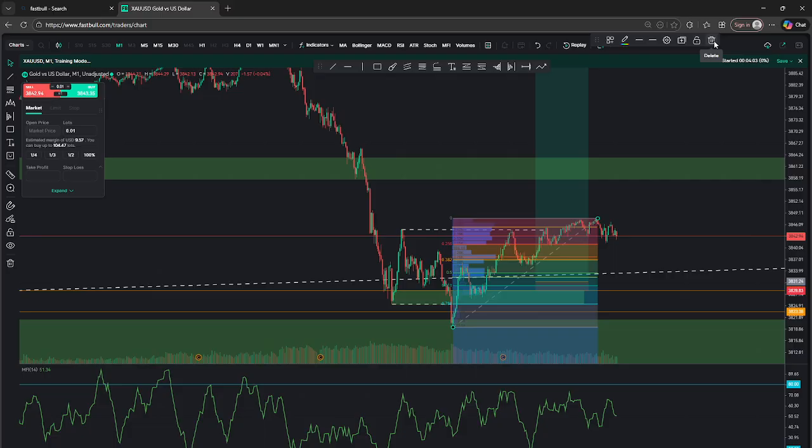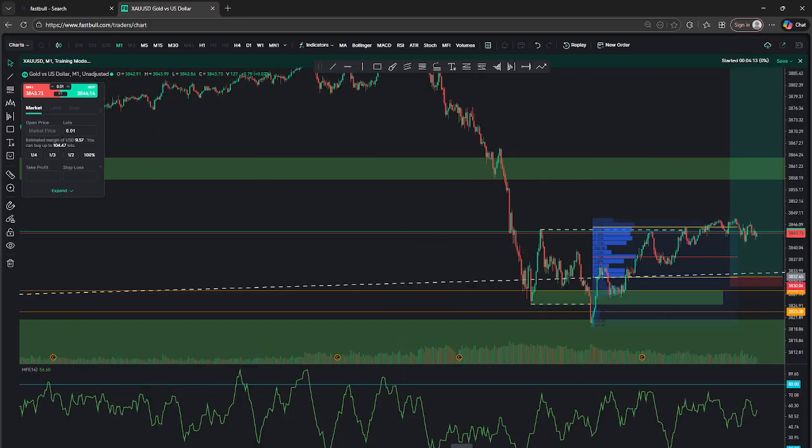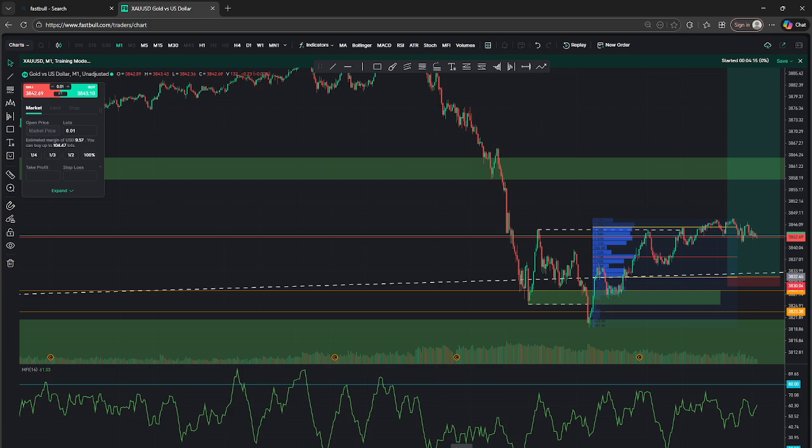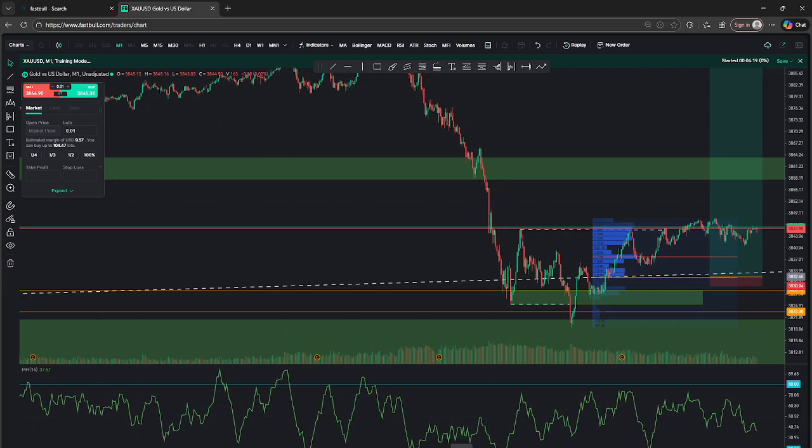I mean the value area low, so we are still in a good level. So push it here and play it. Hopefully we'll do that.